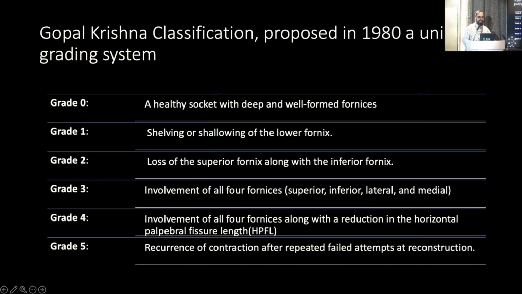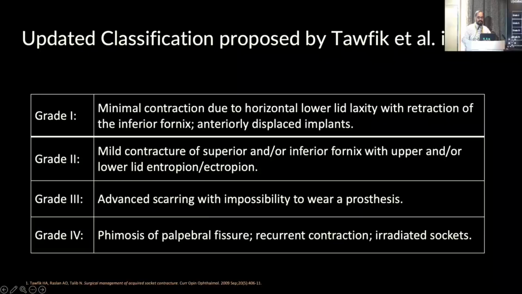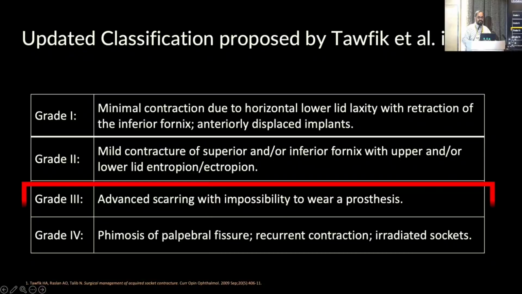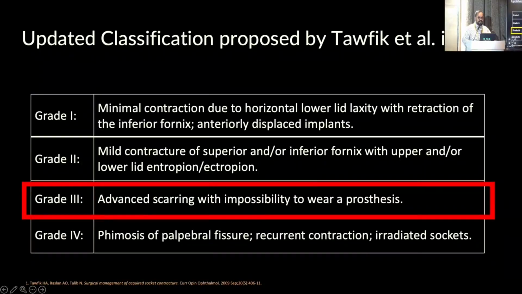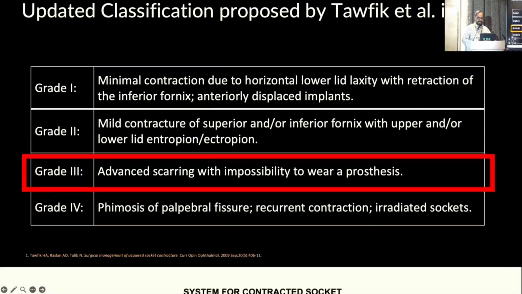The Gopal Krishna classification was a very unique grading system based on the fornices: upper, superior, inferior, loss of fornices, and involvement of all four fornices. But it was upgraded by the classification by Tawfik et al., which was based on how much contraction there is. Our case fits into grade 3, which is advanced scarring with impossibility to wear a prosthesis.